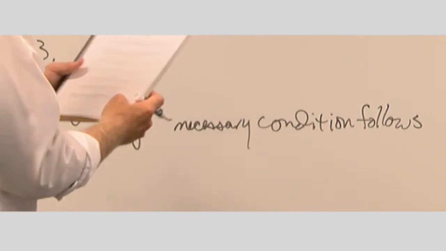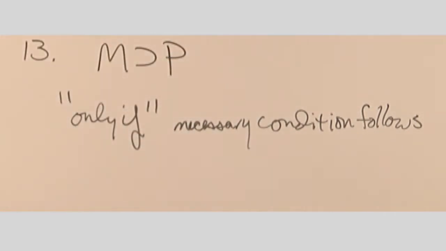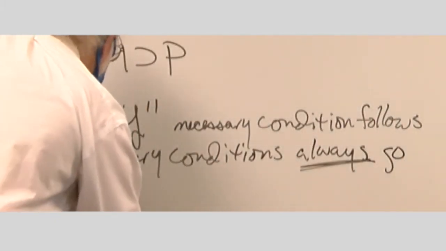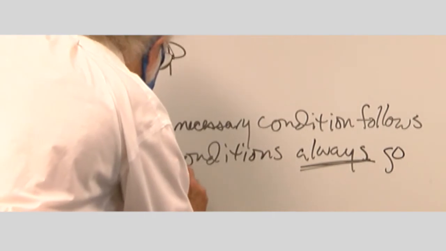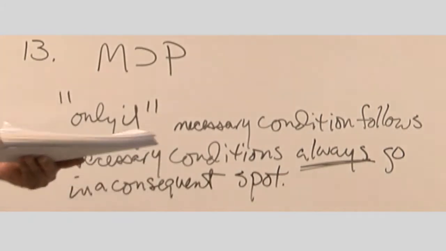So here, what we would have would be M, horseshoe, P. P is the necessary condition, and so necessary conditions always go in the consequent spot, whether they're given first or last grammatically.